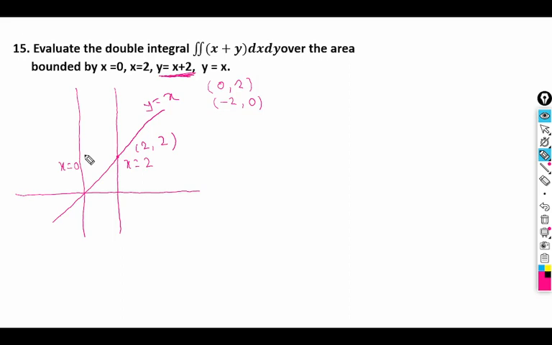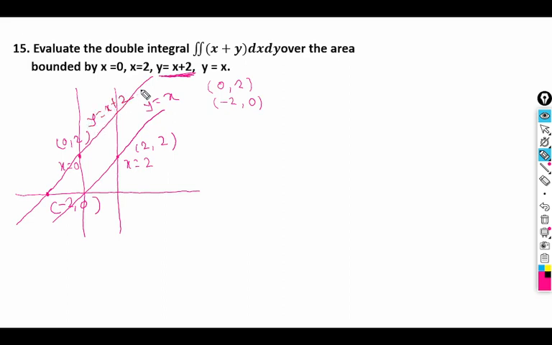This is the point (0, 2), and this is the point (-2, 0). We draw the line which passes through these two. So this is the line y = x + 2.